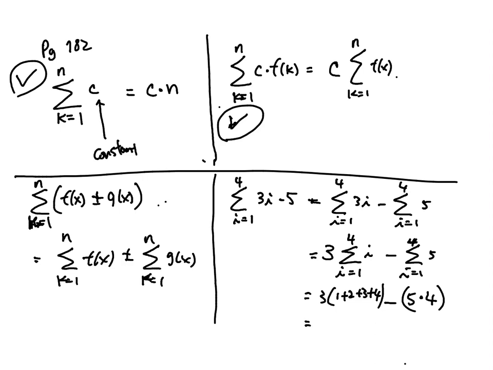And if you think about it, 1 plus 2 plus 3 plus 4, that is 10. So essentially what I have is 3 times 10 minus 20. So 30 minus 20, which is 10. Okay, that's the same answer as we have.